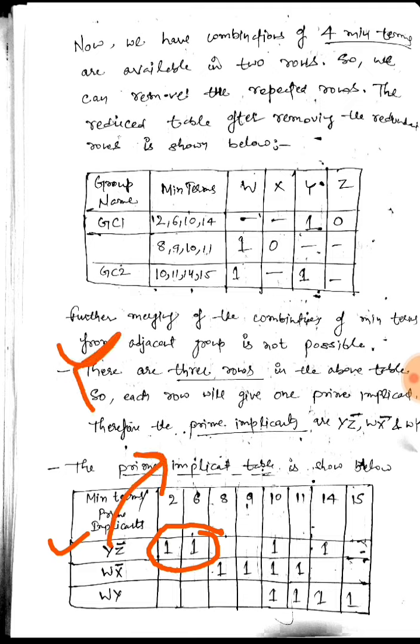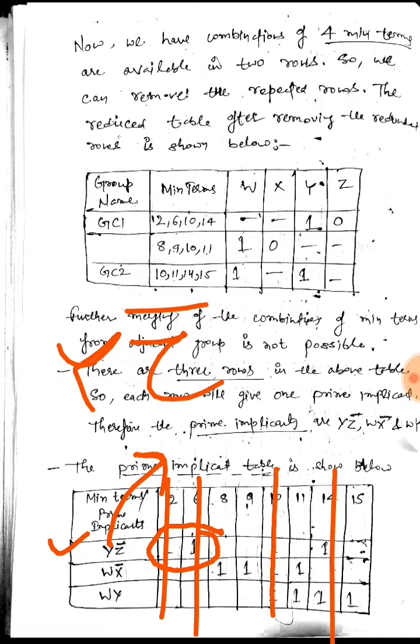I will take it outside this table as y z bar, and remove all the columns covered by this first essential prime implicant. Now I remain with 8, 9, 11, 15, and 8 and 9 are covered only by w x bar. So this would be my next essential prime implicant, w x bar.